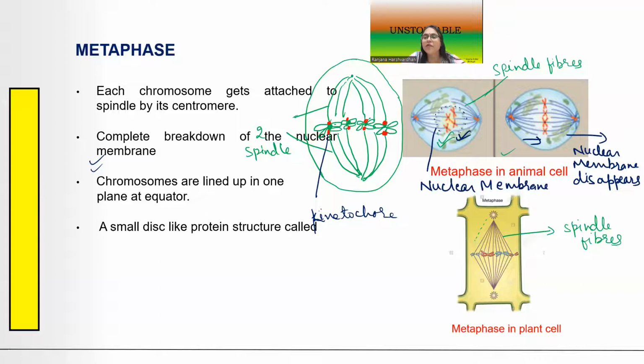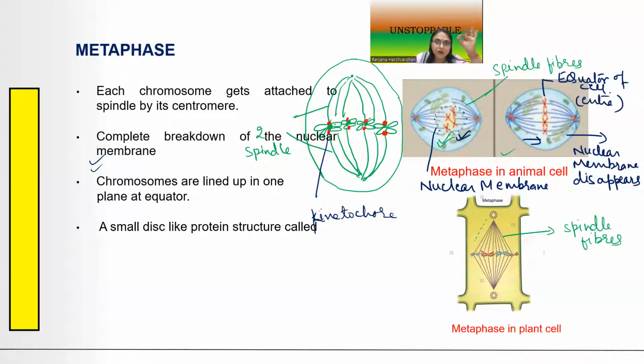The chromosomes are appearing in the form of a line in the center of the cell, which we also call the equator. So the center, on the equator of the cell, so this part, I will say maybe this is the equator of the cell or center.